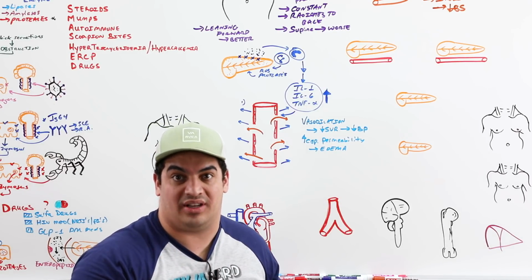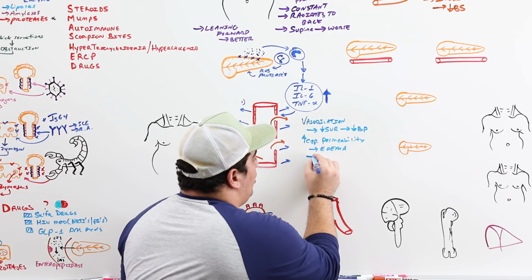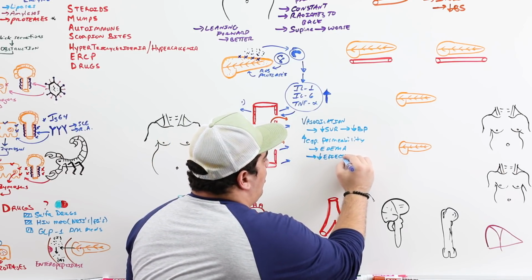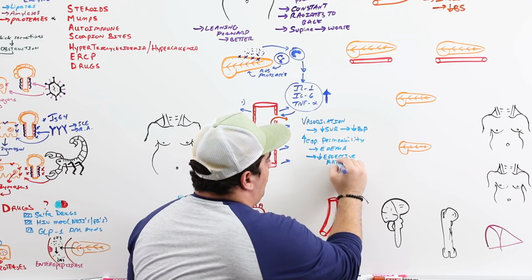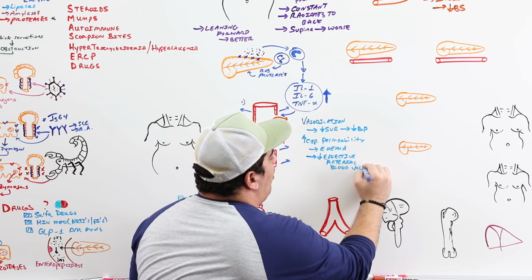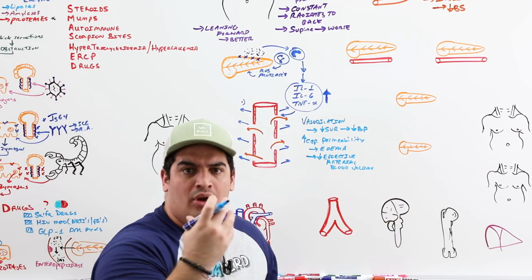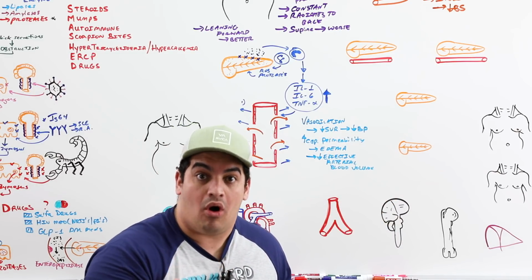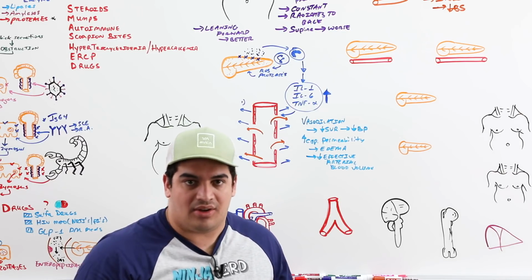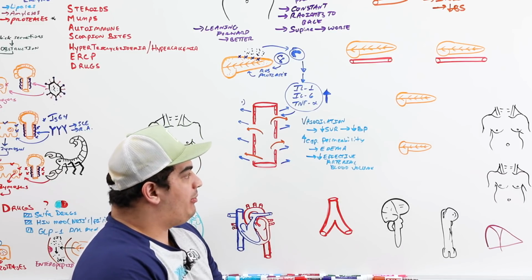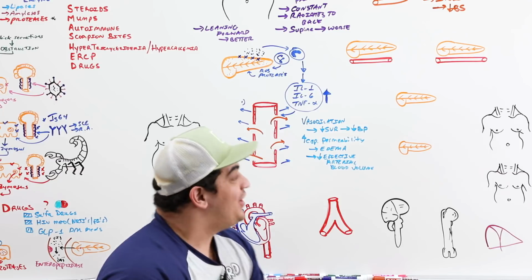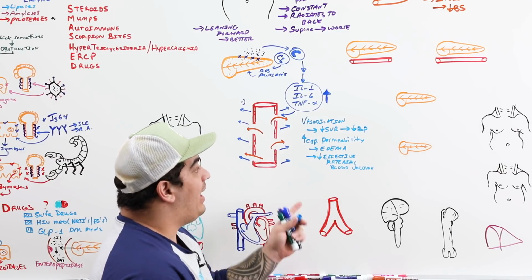But also, you're going to have a decreased effective arterial blood volume, meaning that out of all the actual volume in your blood, because blood is made up of plasma, which is primarily water, fluid, and it also has your formed elements, your red blood cells, your platelets, your white blood cells, all that stuff. If you have an increased capillary permeability, you're just leaking all of that fluid and you have less fluid within the vessel. So these are things that I want you guys to think about that may happen as a response to this.